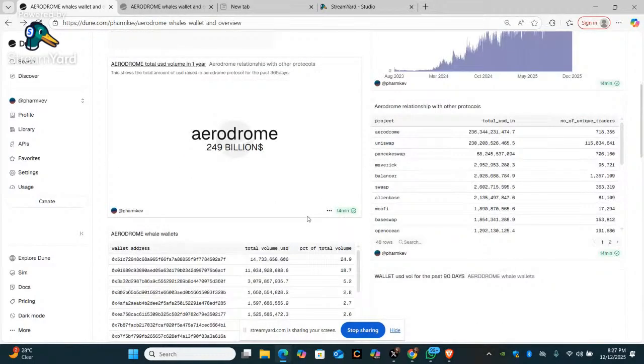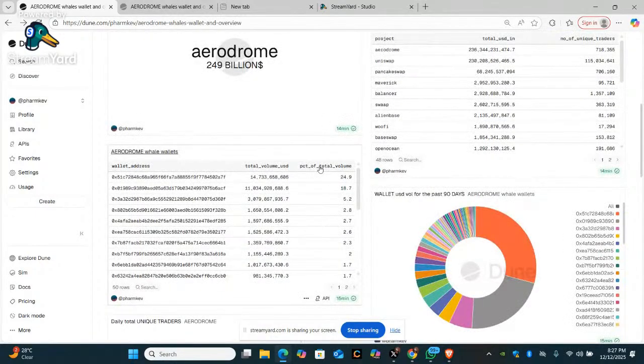So this here shows that this wallet contributes about 24% of the total USD volume. This wallet here contributes about 18% of total USD volume. This has shown us that just these two wallets have contributed over 40%.